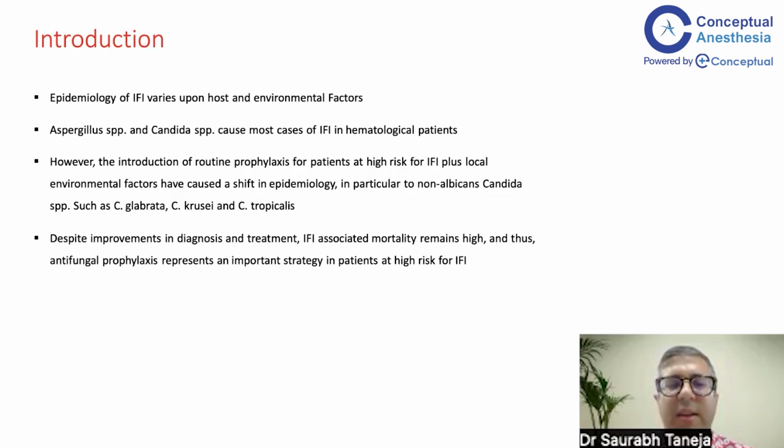Species like Candida glabrata, Candida krusei, and Candida tropicalis have become very common in critical care settings, and they are more dangerous than Candida albicans. Despite improvements in diagnosis and treatment, invasive fungal infections are associated with a lot of mortality. That is why, at least in high risk patients, in most critical care settings you end up giving antifungal prophylaxis. But we should be clear which subset of patients are high risk and which are not.